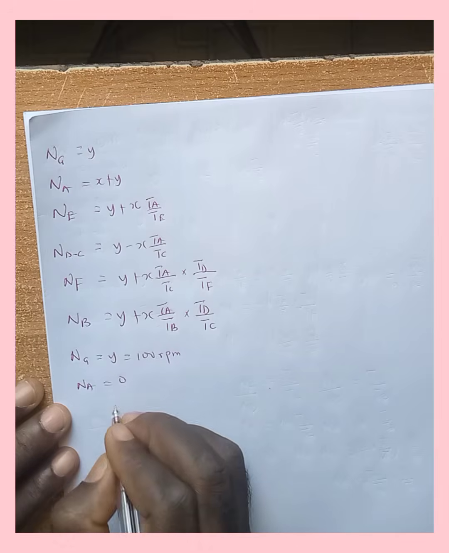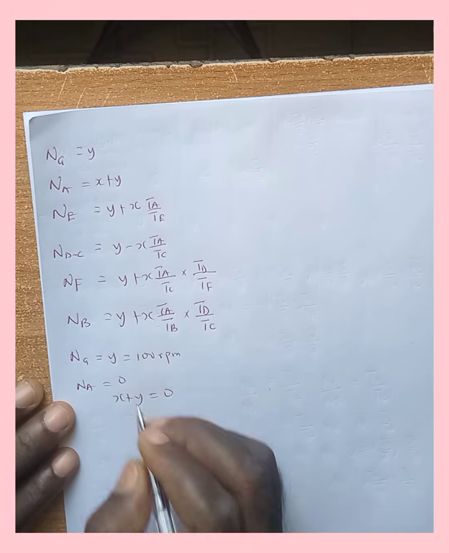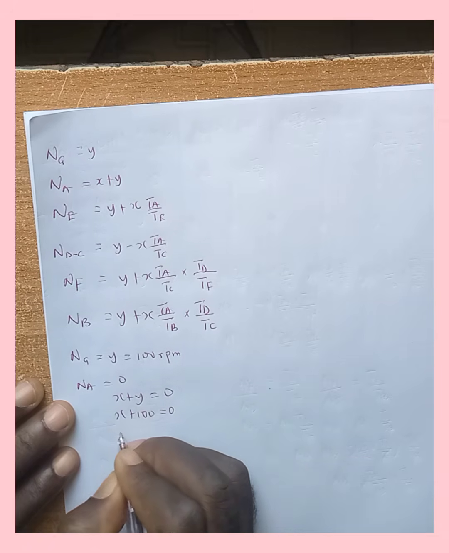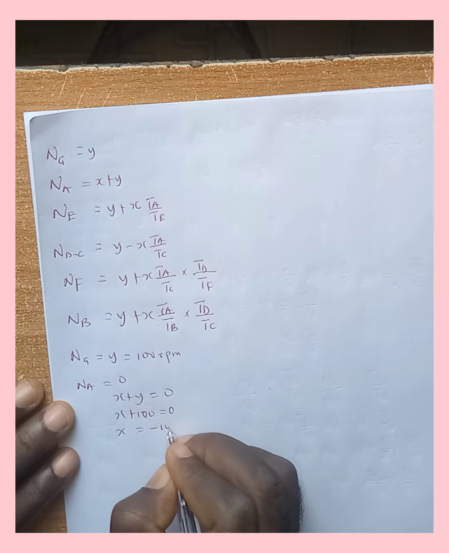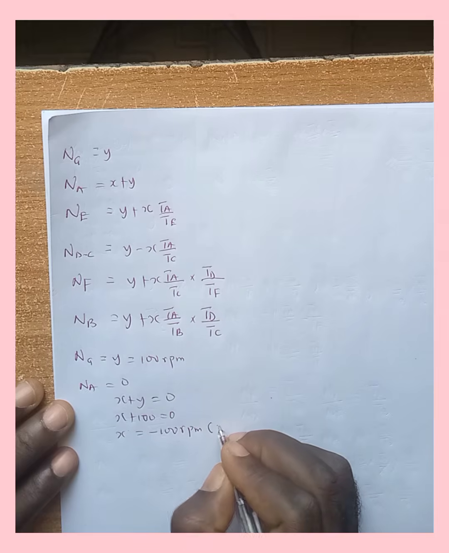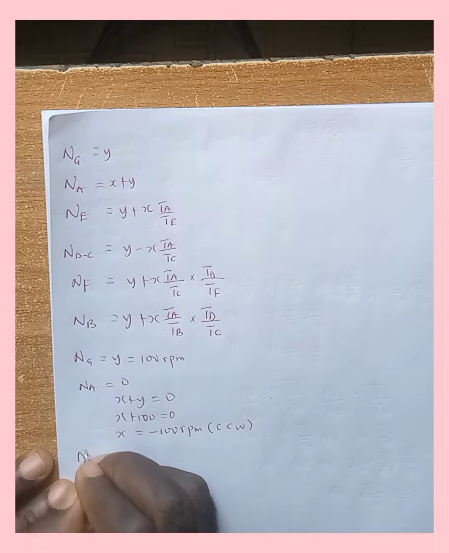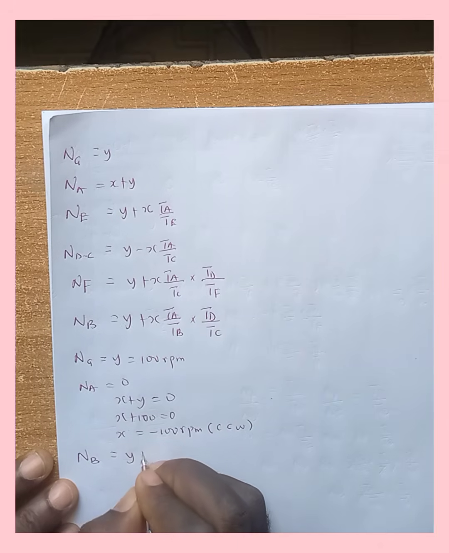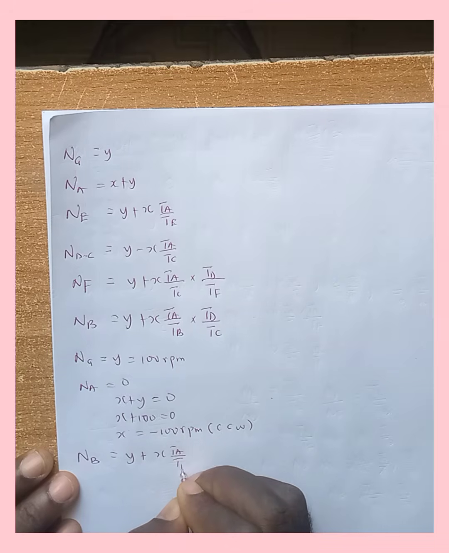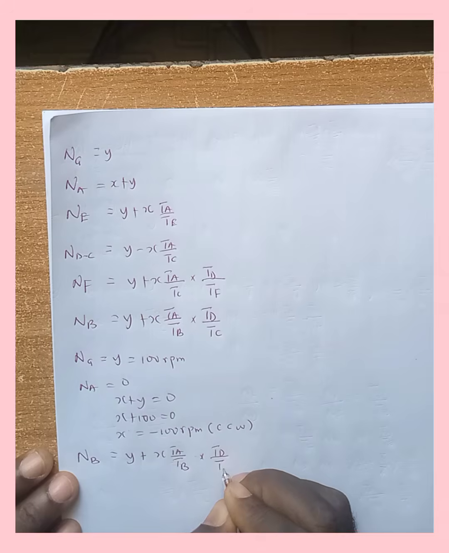And we know that the speed of A, we have X plus Y is equal to 0. When we put the value of Y here, we have X plus 100 is equal to 0. That means X is equal to minus 100 RPM. That is, X is counterclockwise rotation. Then the speed of B, NB, is equal to Y plus XTA over TB multiply TD over TC.